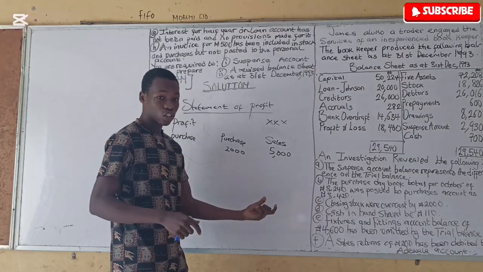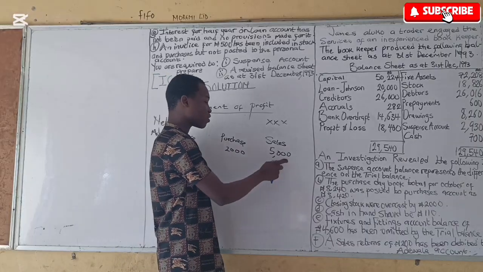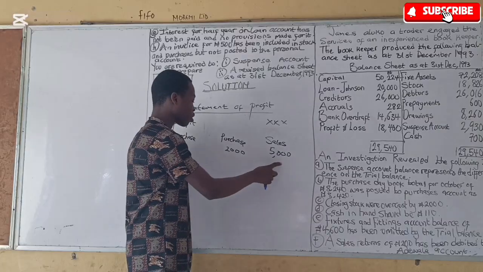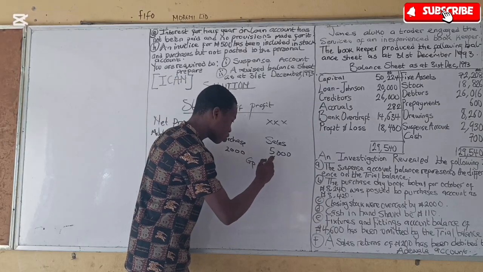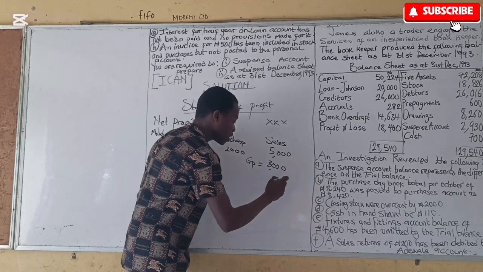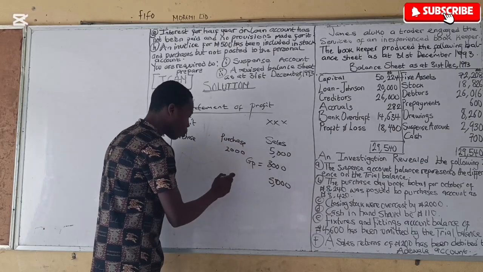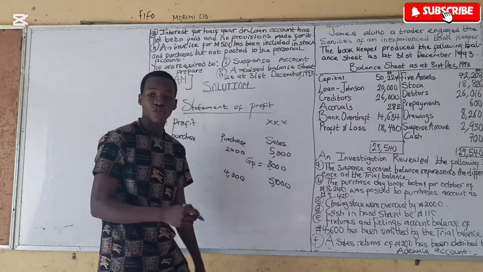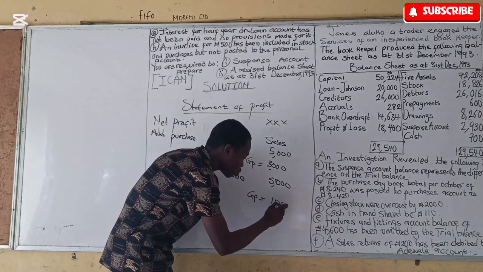Now we want to look for the gross profit. If your purchase is 2,000 and your sales is 5,000, your gross profit is 5,000 minus 2,000, which is 3,000. But if your sales is still 5,000 and your purchase is 4,000, your gross profit is going to be 1,000.